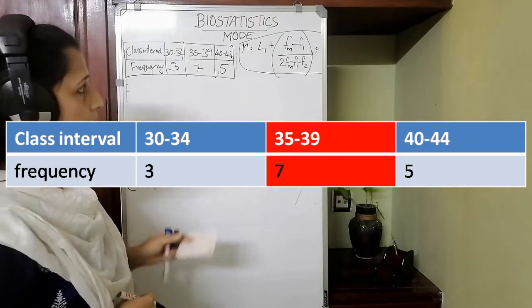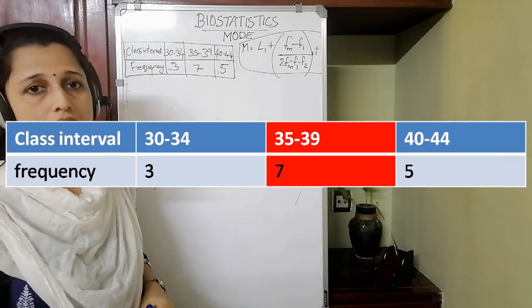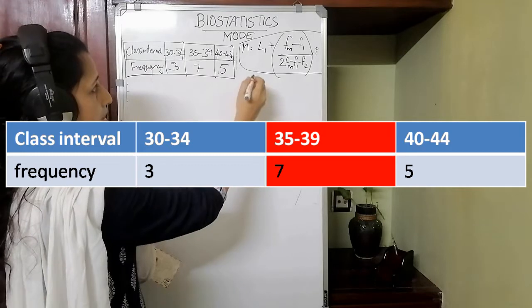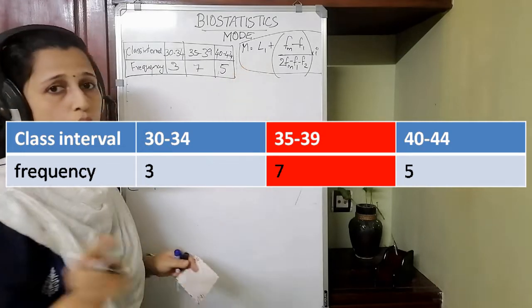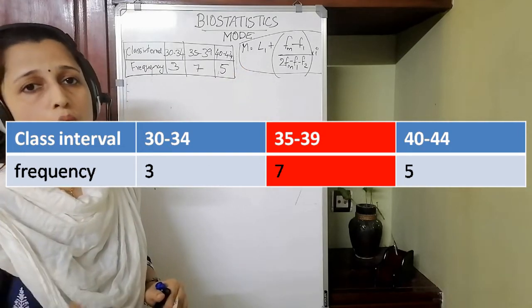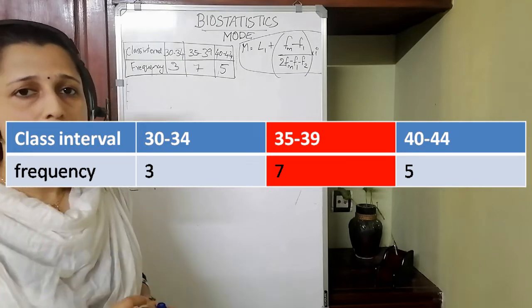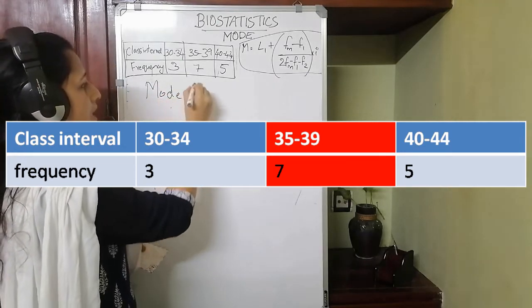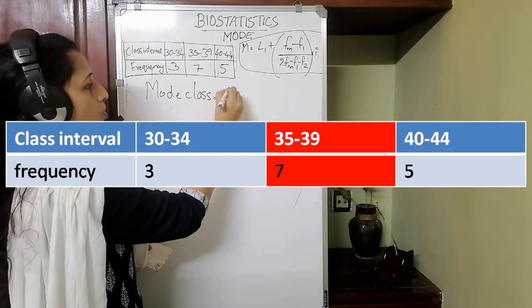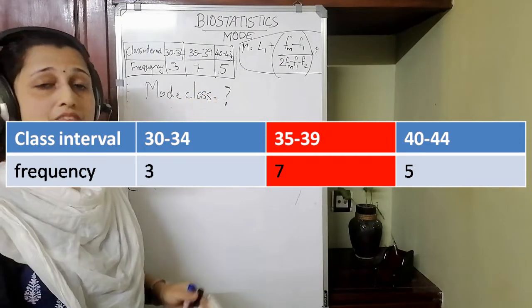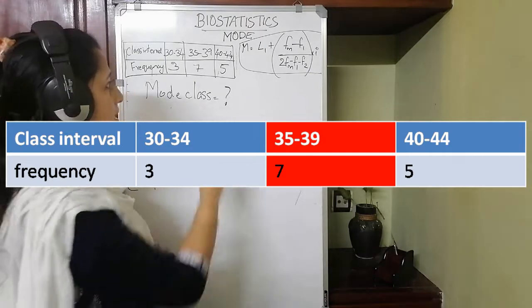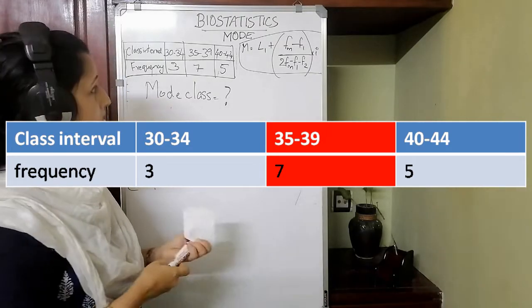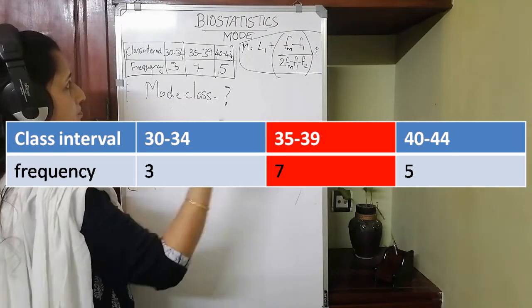Now, the first step is to identify the values of these variables, that is L1. L1, I said, is the lower limit of the mode class. First you have to find the mode class. Mode class is the class having maximum frequency, and here the maximum frequency is 7.